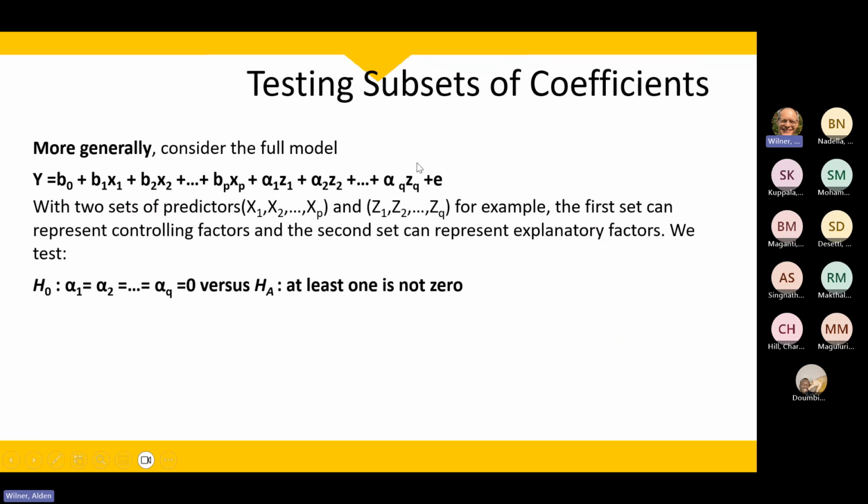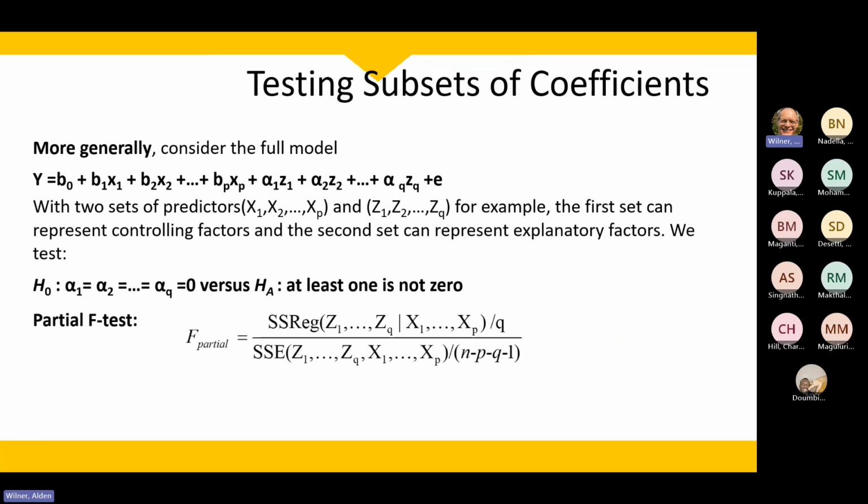In other words, this set of features is not useful, versus H alternate, which is that at least one of those is not 0. We're going to use a partial F test. We're going to take the sum squared regression over the sum squared errors for the new slopes, given the controlling variables, over the whole thing as a total, right?